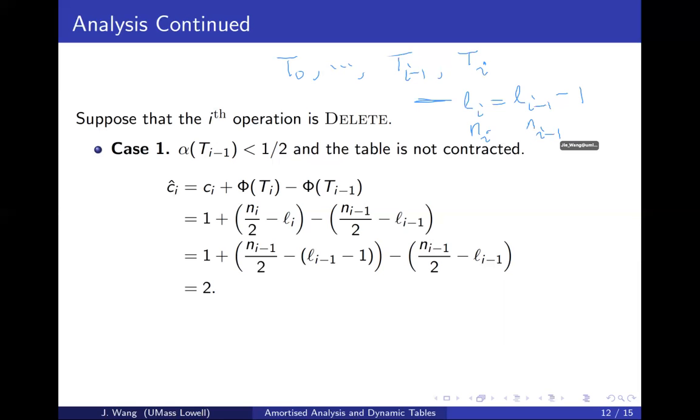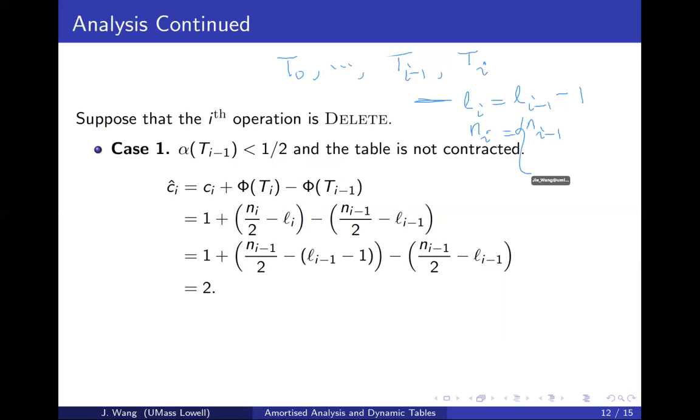If the size of the table is not halved, is not reduced, then they are the same. Otherwise, right? So two cases.